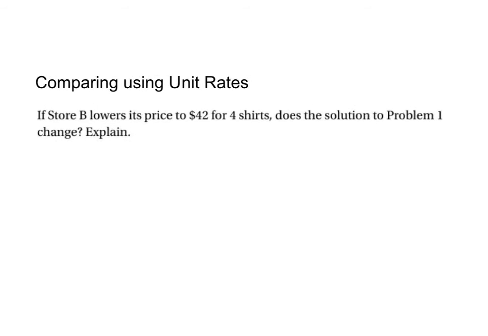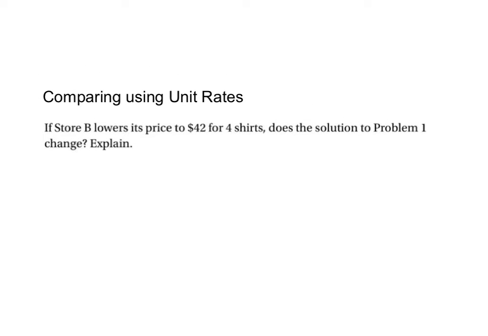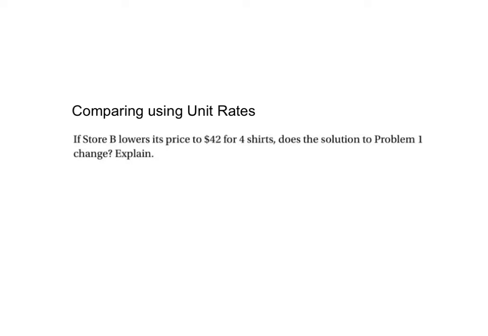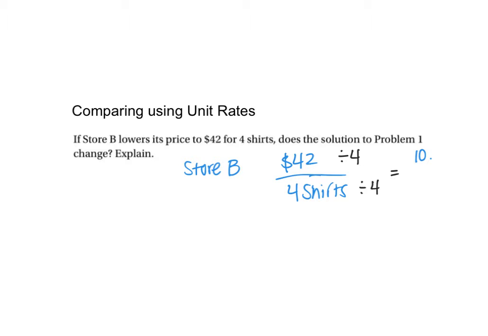And the next slide asks us, if store B lowered its price to $42 for 4 shirts, does the solution to problem 1 change at all? Well, let's find out. So store B. They are now offering $42 for 4 shirts. In order to figure this out, we need to divide both the top and the bottom by 4. This will give us, on the top, $10.50, and on the bottom per shirt.